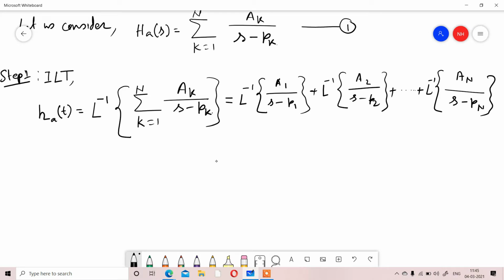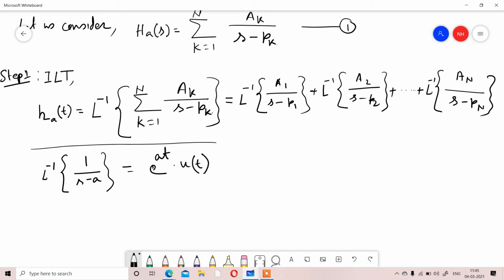Now all of you know, if we consider the inverse Laplace transform of 1 by (s minus a), the value is e to the power at multiplied by u(t). That is known to us, so that formula we need to use here.